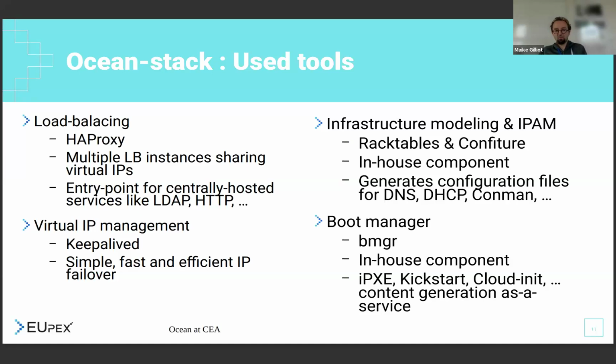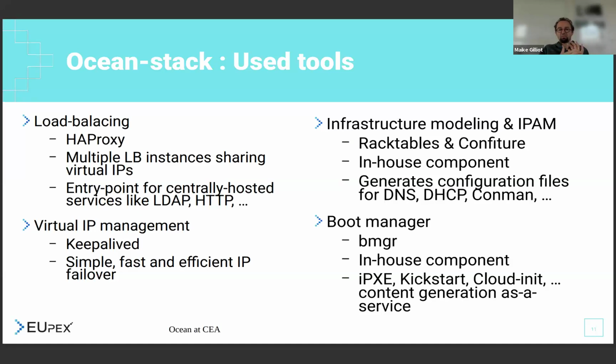For HTTP, for example, we have two VMs with two HTTP servers with one IP distributed on each server, and it allows us to make smooth updates without any interruption on the administration cluster.